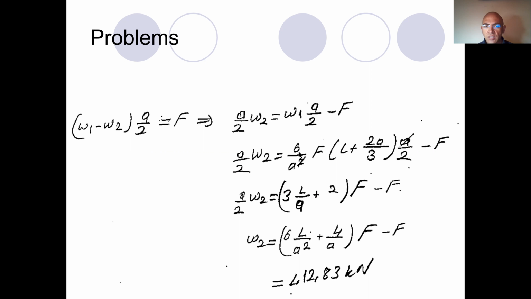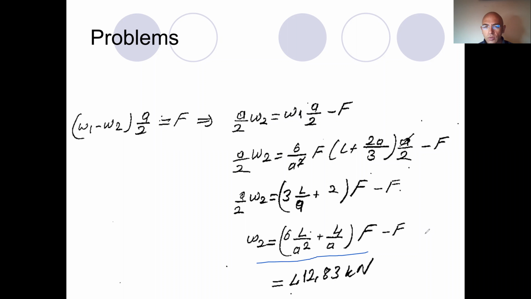Then I will have 6 over A squared multiplied by F multiplied by (L plus 2A divided by 3), and that's multiplied by A divided by 2 minus F. From here, I can obtain W2 after some algebra.